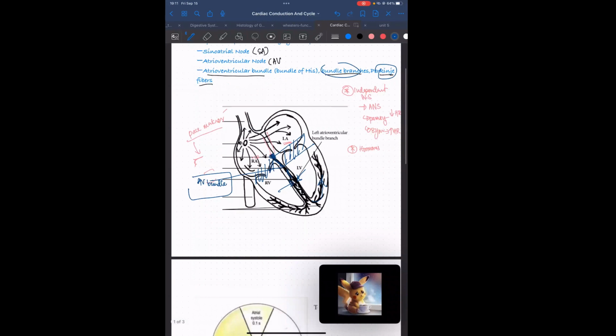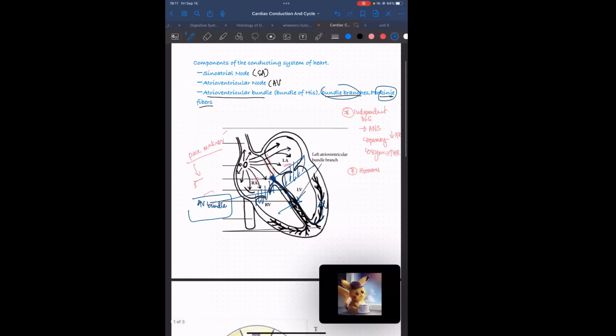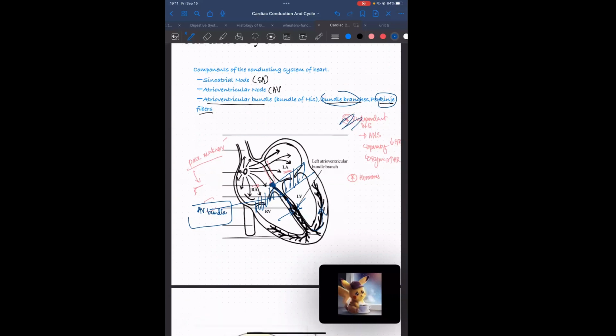It's a bundle of fibers, and then these two are the bundle branches. This was the right bundle branch, and you have the Purkinje fibers.